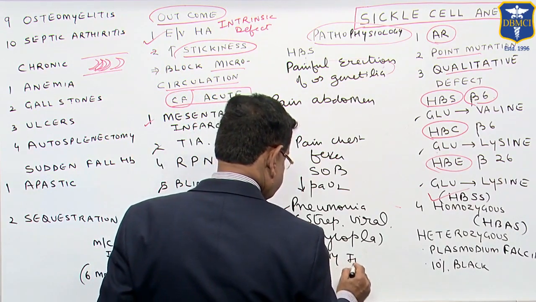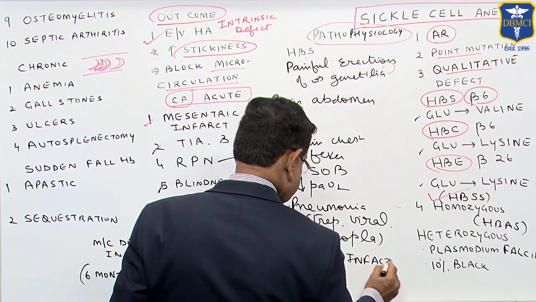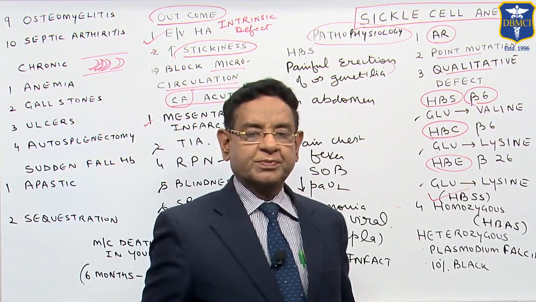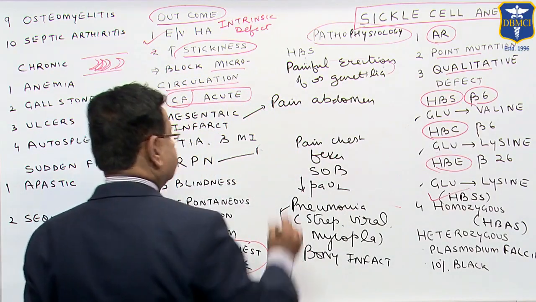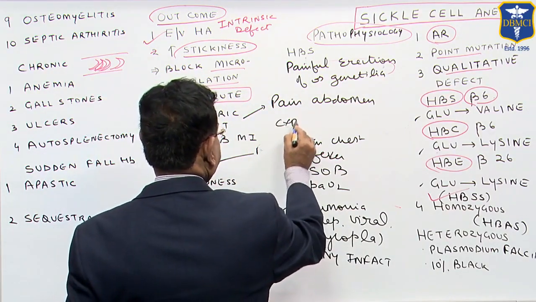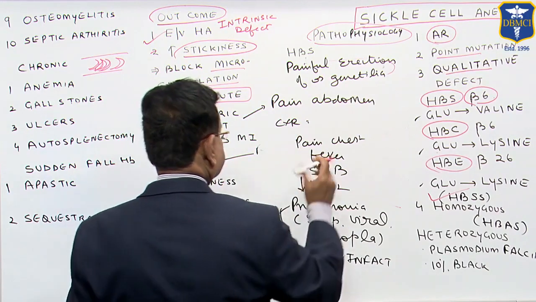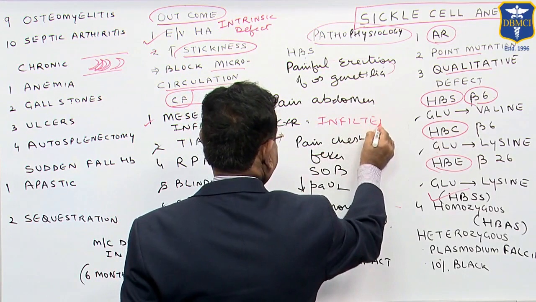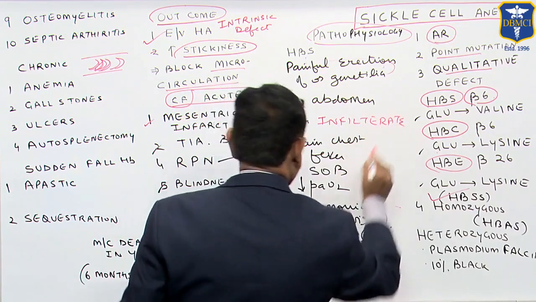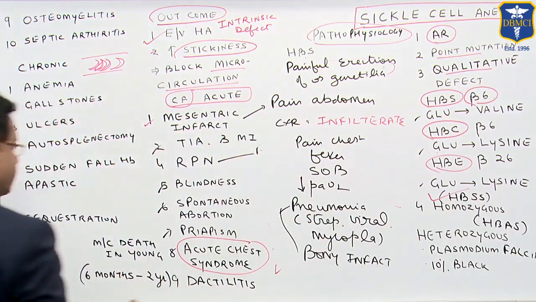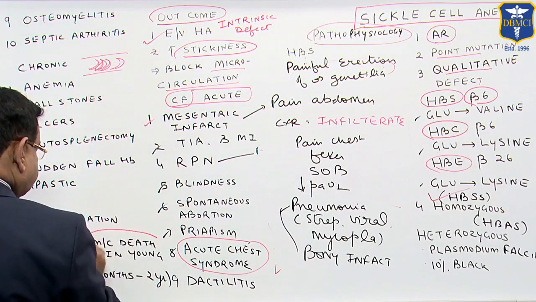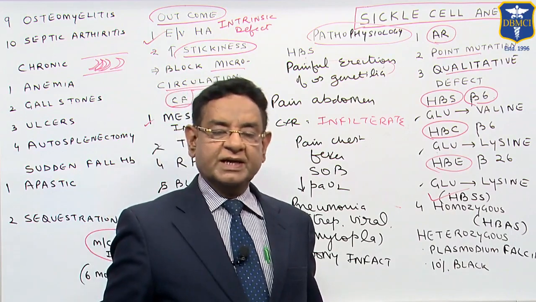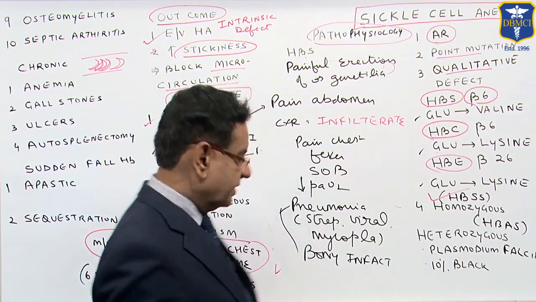So, in acute chest syndrome, if you take the chest X-ray, you get infiltrates, and acute chest syndrome is the most common cause of death in young adults or young people.